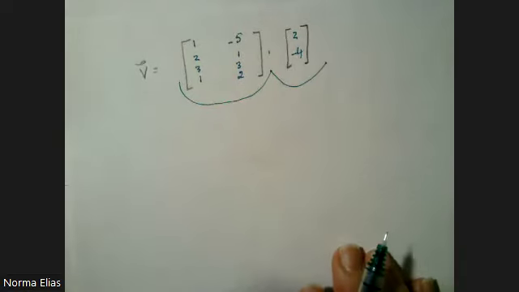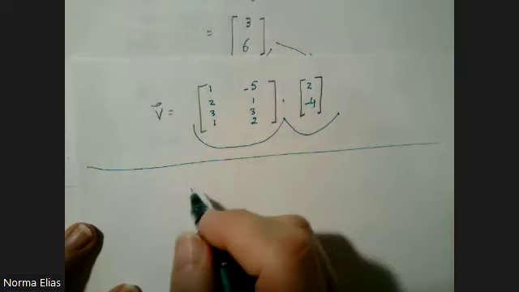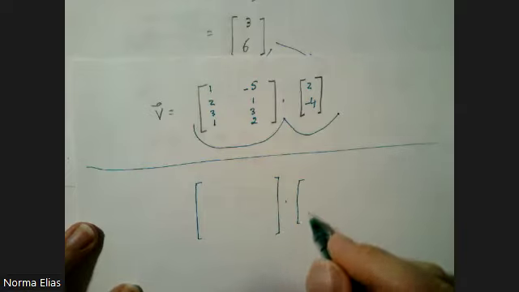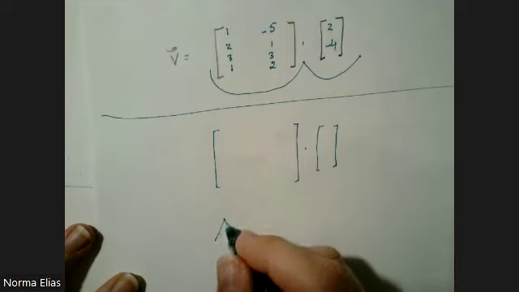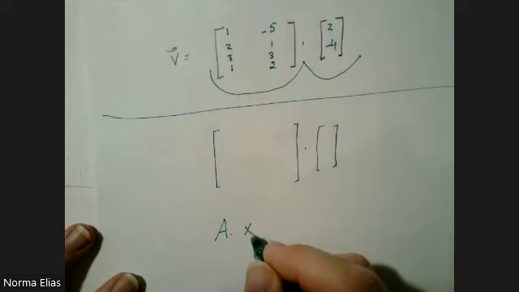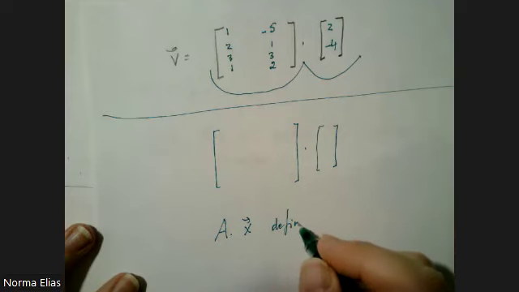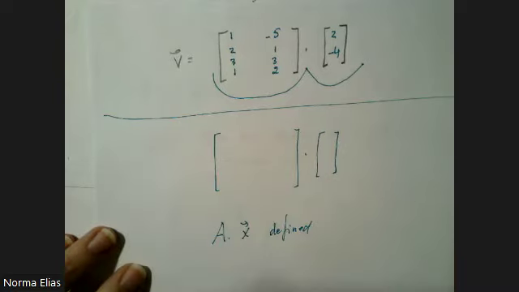Note number 1. When I take a matrix, I multiply it by a vector. Before I write it, let me see if you guys can answer. For this product to make sense, what condition do we need on the sizes?